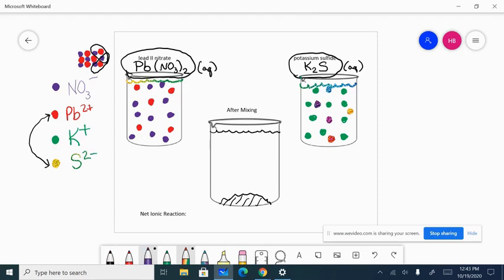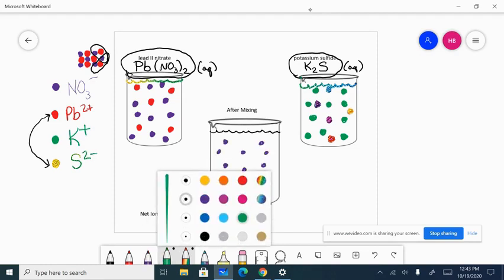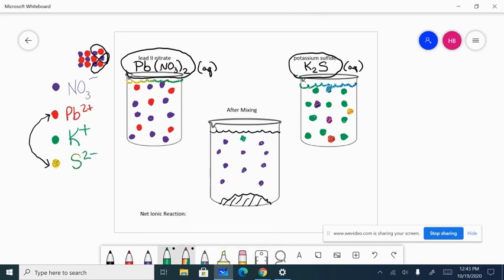The other ions, the nitrate ions and the potassium ions, are still going to be floating around in solution. So notice all of the lead and all of the sulfur, as long as we add them in the right ratio, will form a solid that's going to be lead 2 sulfide.